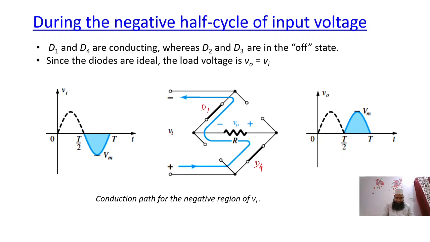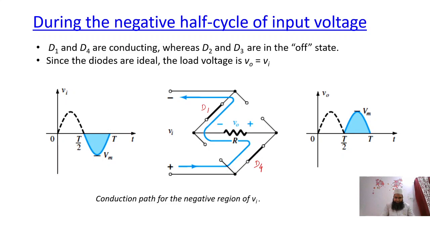The direction of current will be D1 D4 conducting and current flowing through this load resistance, and then D1 conducting and the path will be completed. The direction of current is from D4, load resistance, and D1 and back.